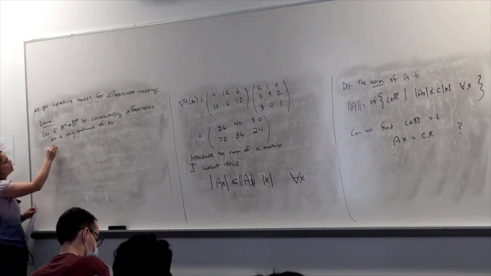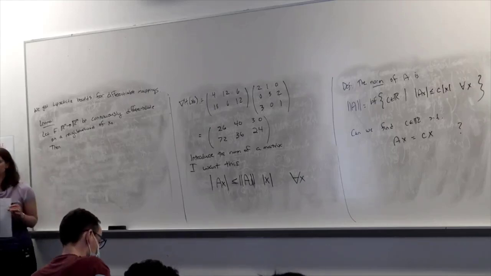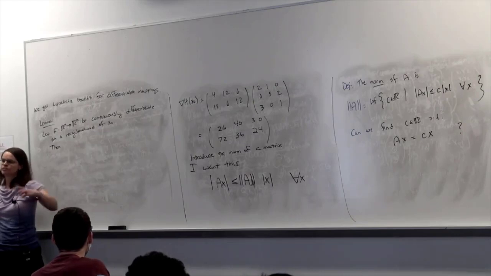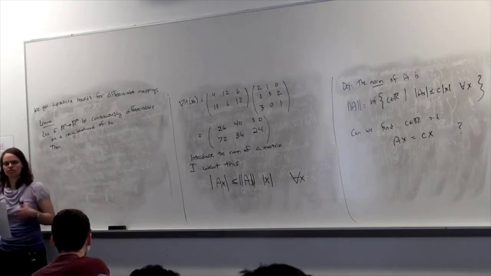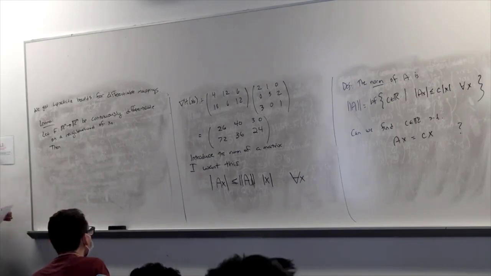Okay, so what are we trying to do with a Lipschitz bound? We're trying to bound f of x minus f of y by some constant times the length of x minus y. That's how we define a Lipschitz constant for a normal scalar valued function.